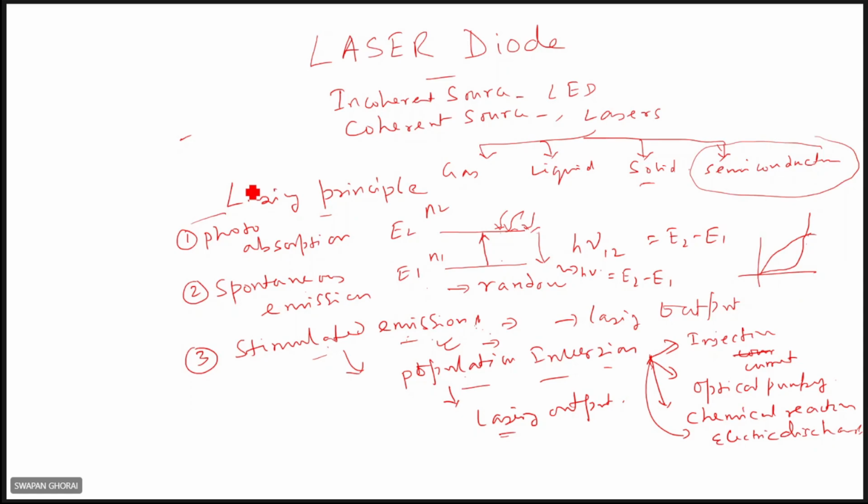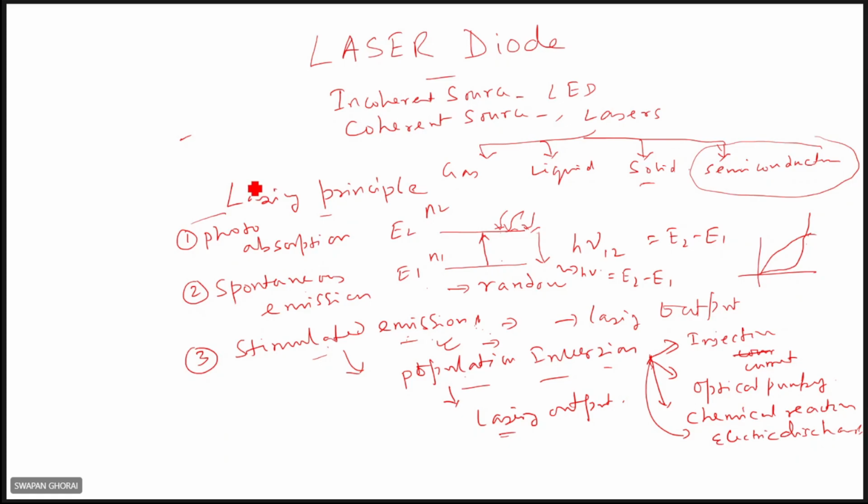So if you use conventional sources, very little light will be coupled, because the light is not directional. Light energy is divergent in nature, so almost nil light will be coupled within the fiber. That's why we need sources with a highly directional property, like the laser sources. So we'll focus on laser sources, particularly on the laser diode.